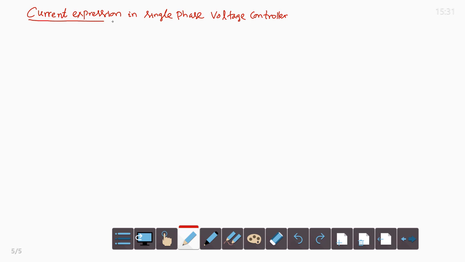Single phase voltage regulator is a simple case, and we can apply our theory, and this can be extended to 3 phase case.